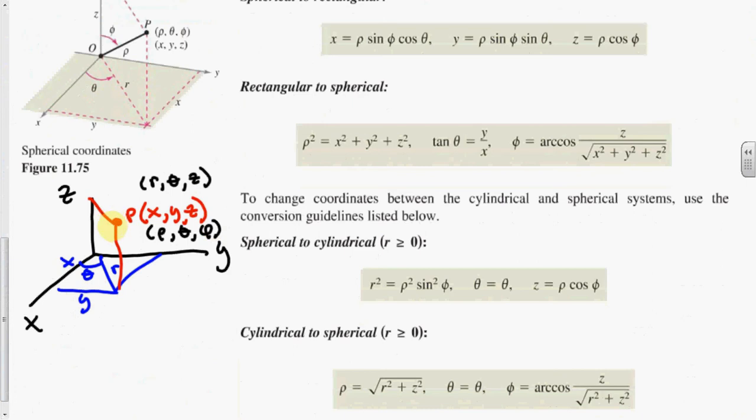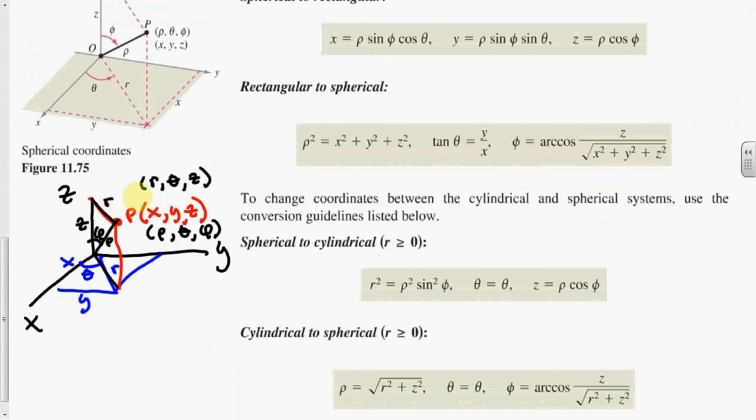Now where are they? If I measure P from the origin out in space, then this line here becomes rho. This angle is phi, this is z. Now this line here is parallel to that. We form these parallelograms, so this is also r.